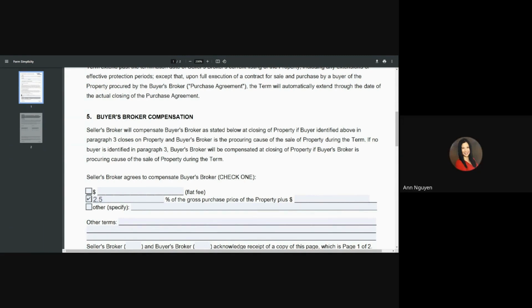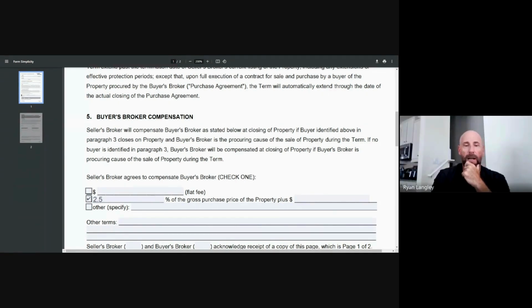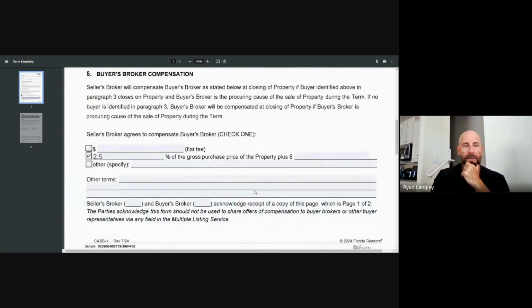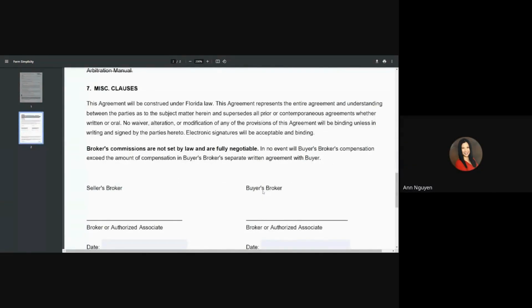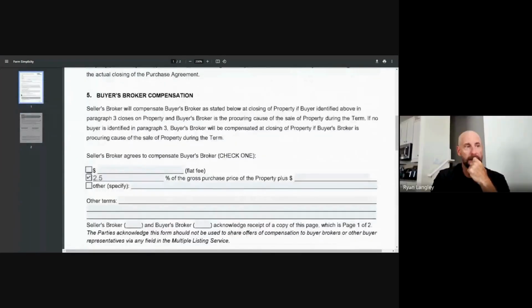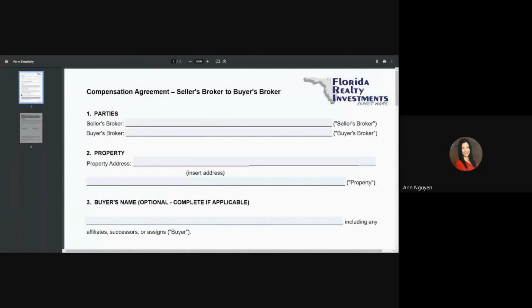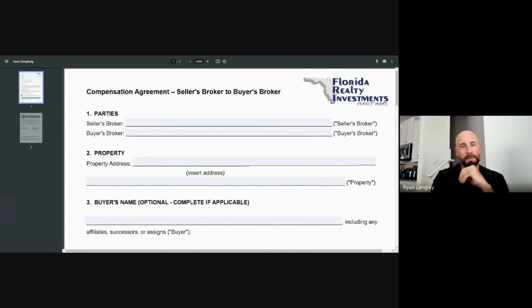No, they told me that's how much they pay, so that's why I put it in there. For now, it's the Wild West. This is the right way to do it, but for now, it's the Wild West. Nobody knows exactly what they're doing yet, but this is the right way to do it. But then I still need this form from the listing agent? Yes. Okay. Yeah, that's the right way to do it. That's what they want you to do.